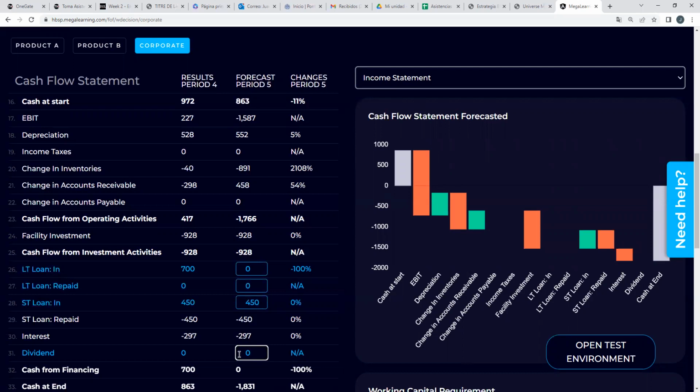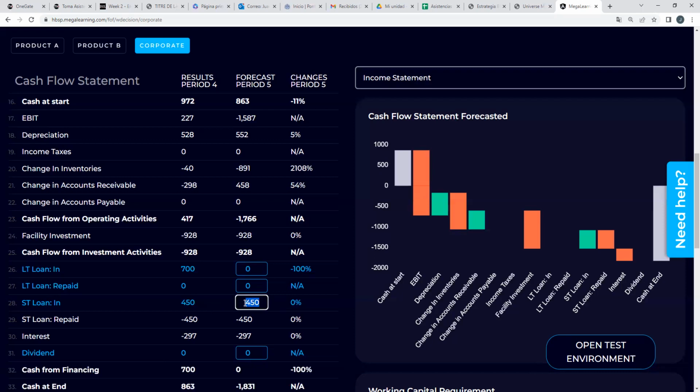But you can take decisions here, for example, short-term loan. In the previous round, the administration took one short-term loan of $450. The simulation is putting the same information as before, but you can decide, no, this time I don't want to take one short-term loan because it's expensive.